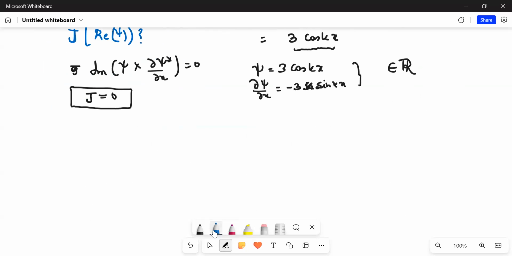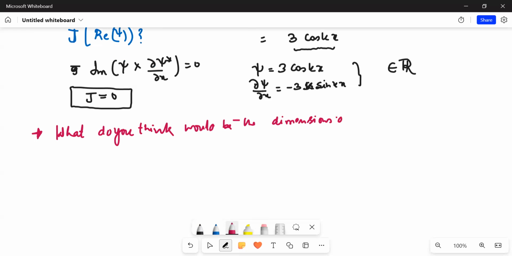Now, a little bit about the dimensions. What do you think would be the dimensions of J?